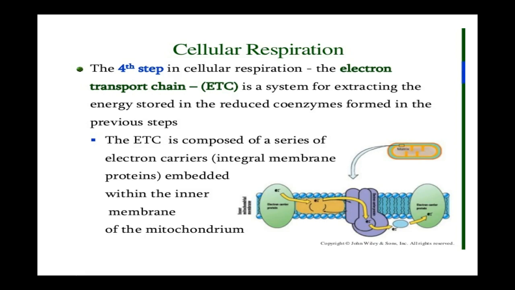It's composed of special integrated carrier proteins. These are integral membrane proteins embedded in the inner membrane of the mitochondria. And the mitochondria is an organelle that is taken in. It has a double membrane, and one of the reasons why it can function, and we got to stop now and move on to the next one.